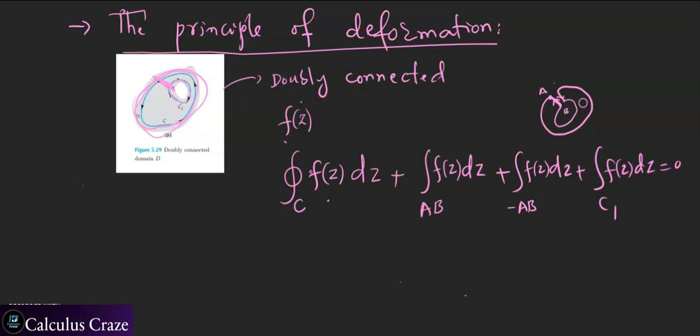This equals 0 because you are covering a closed contour.